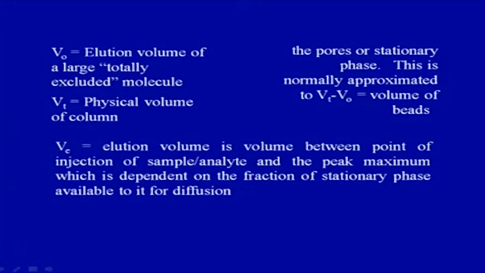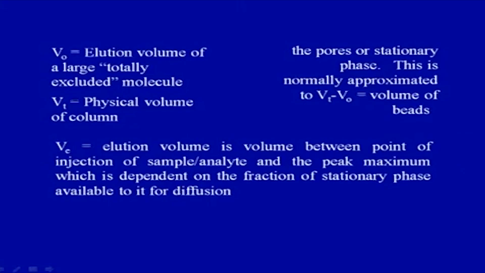Now, the elution volume of a large, totally excluded molecule will be given by the void volume. Vt is the physical total volume, and if you subtract the void volume from the total bed volume, you get the volume of the beads.